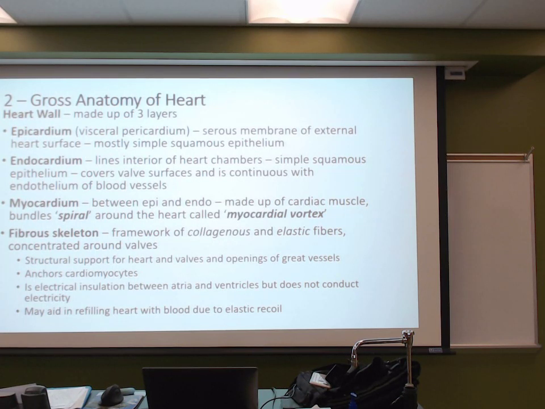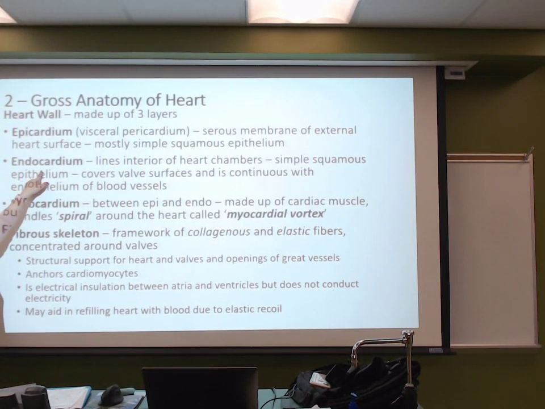To me, they look like fried eggs because they look like a flat cell, but the nucleus kind of bumps out a little bit. So that's what squamous looks like to me. It looks like fried eggs. So it is a single layer of flat, or as I would say, fried eggs. This is endo.